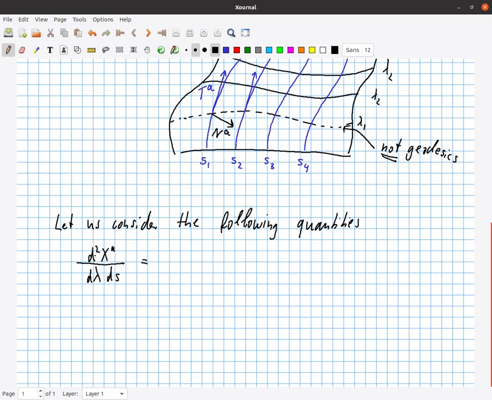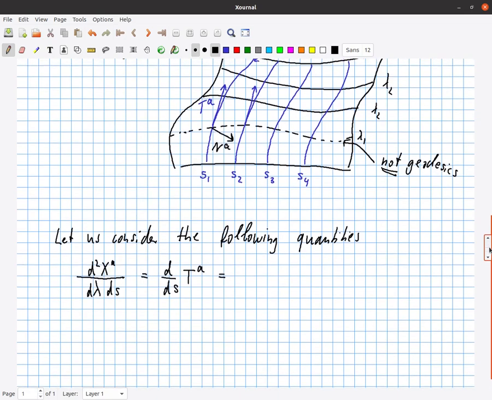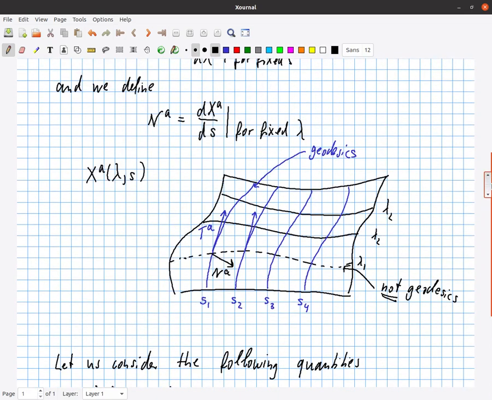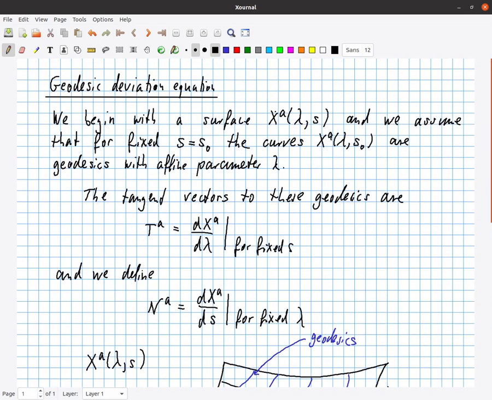Lambda first, s second. So ∂x^a/∂λ is the tangent vector, which means we have here T^a, and because T^a is not explicitly a function of s, the functional dependence comes through x, which itself is a function of λ and s.